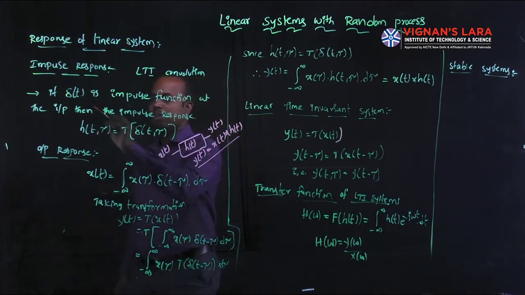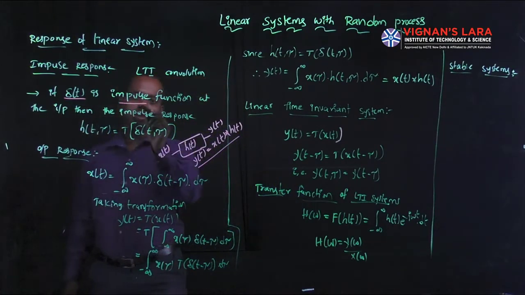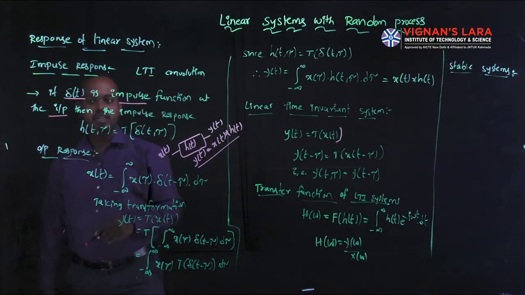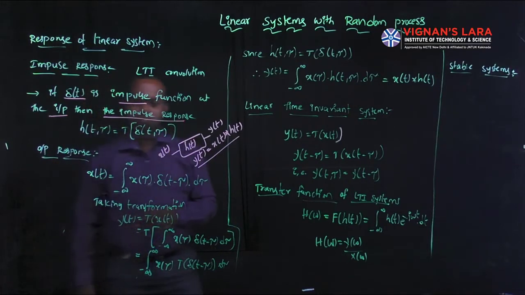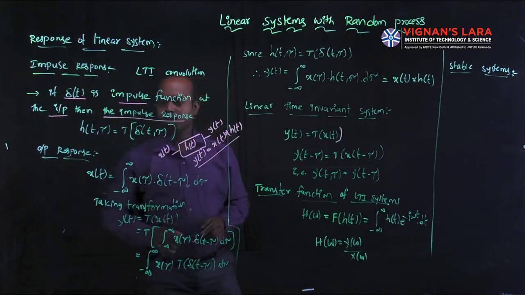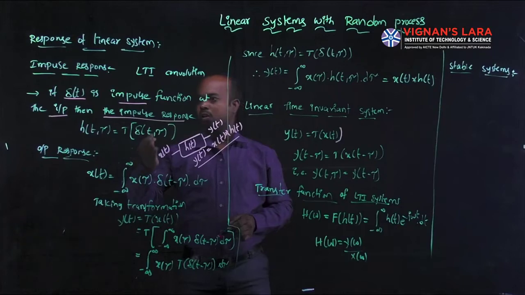Here, if delta of t is an impulse function at the input, then the impulse response is h(t, tau), equal to the transformation of the impulse function.